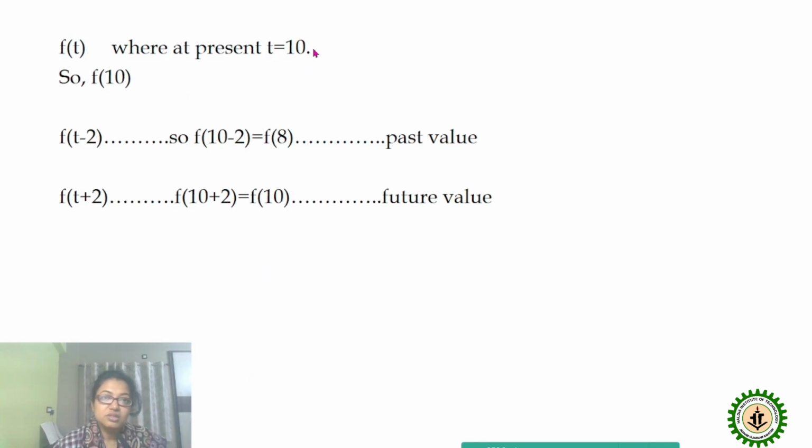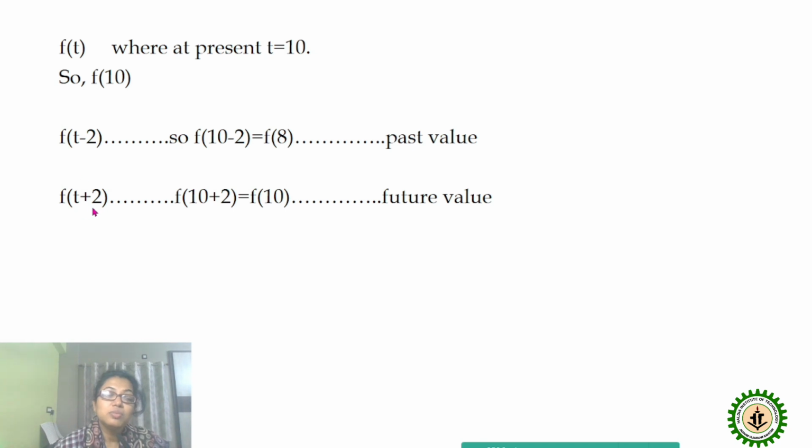The present state, suppose t equals 10. Now for the past value, if I write f of t minus 2, with t equals 10, it becomes f of 8. If you compare 8 and 10, 8 is the past value compared to 10.